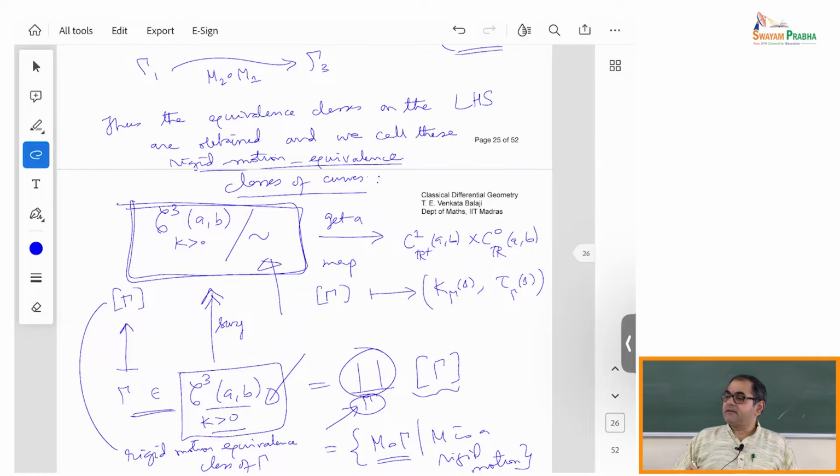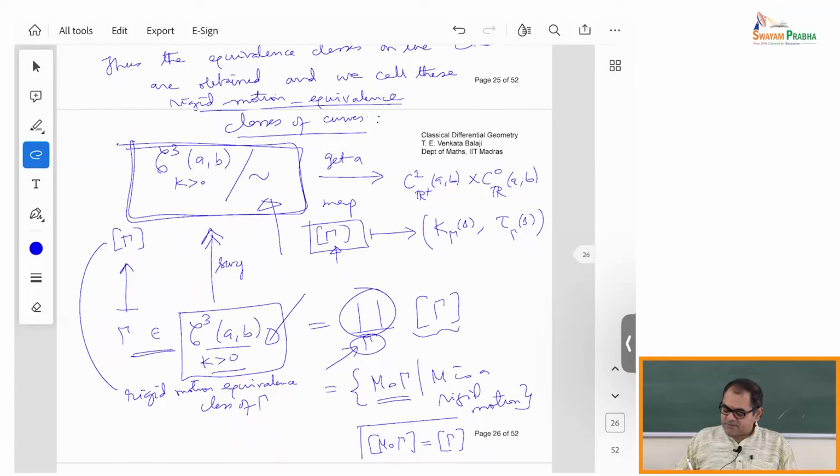Okay, and here is what I want to mention. If you change gamma by M circle gamma, then the square bracket gamma will not change, because square bracket M circle gamma is the same as square bracket gamma. Therefore, if I started with gamma, the right side goes to this. If I started with M circle gamma, what will happen?